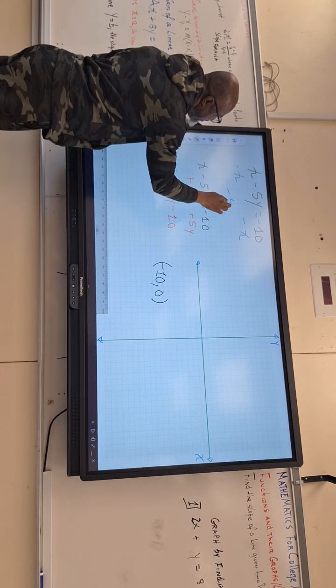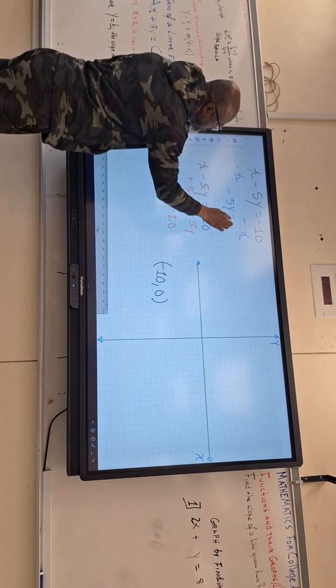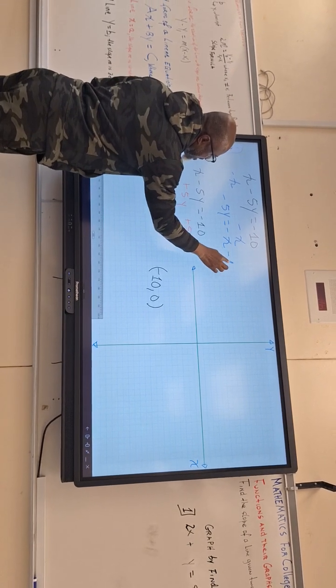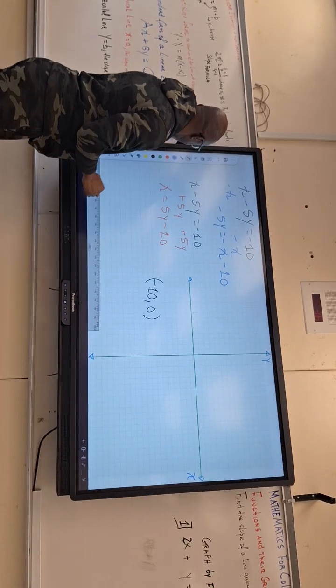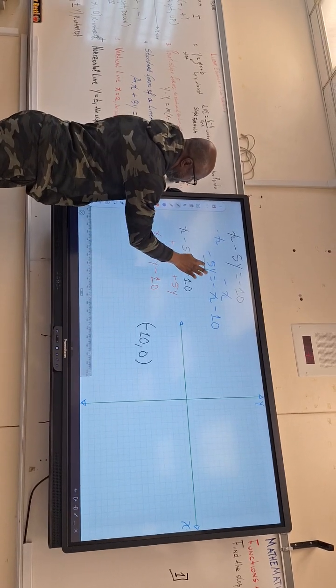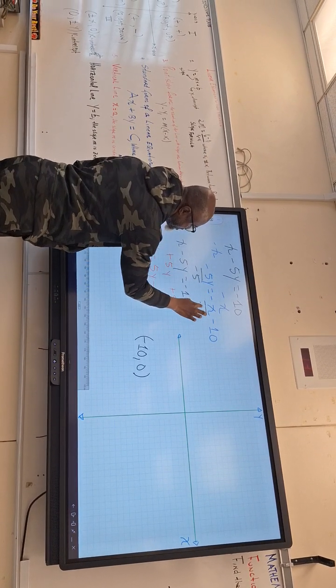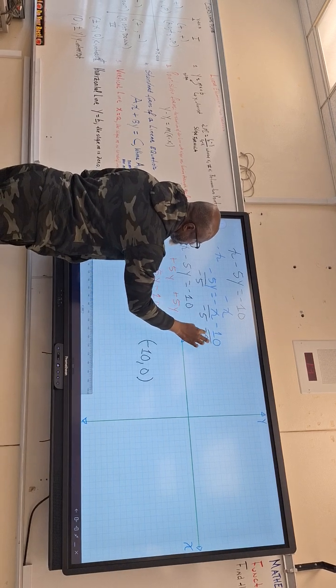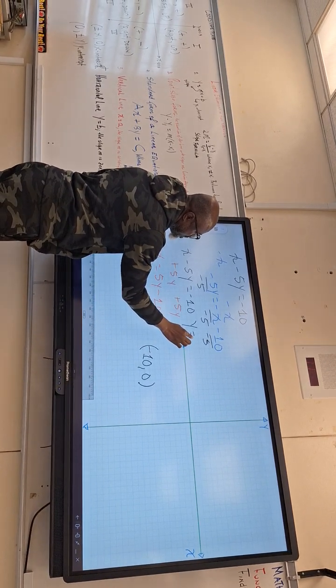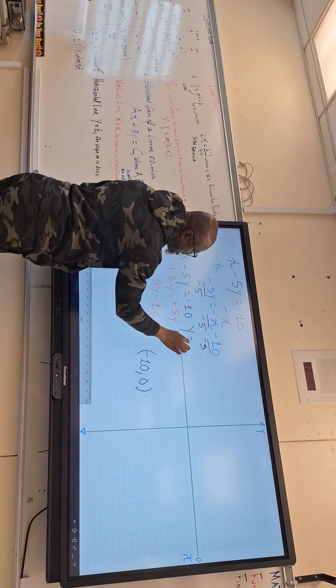And I will have negative 5y equal negative x minus 10. Last step, what do I do? Divide by negative 5. And I will have y equal x over 5.